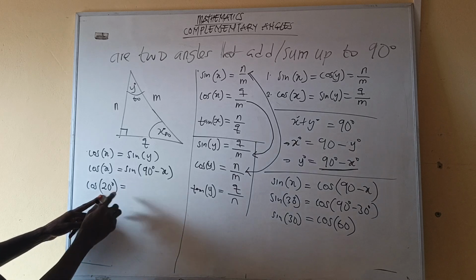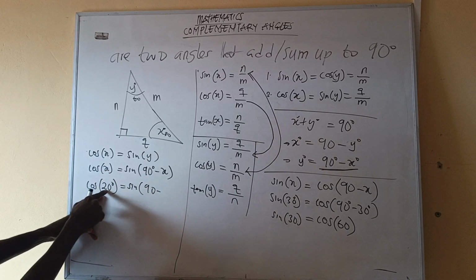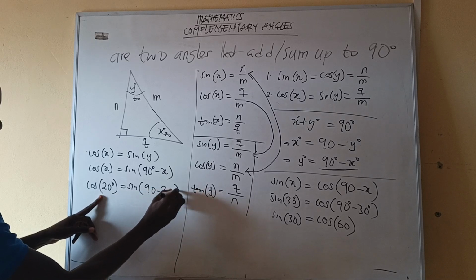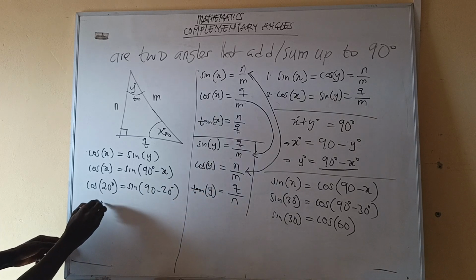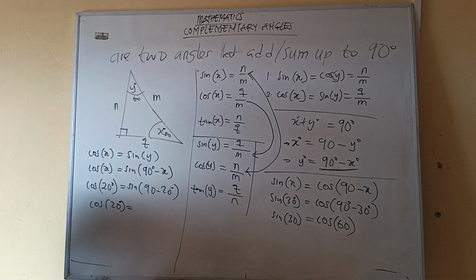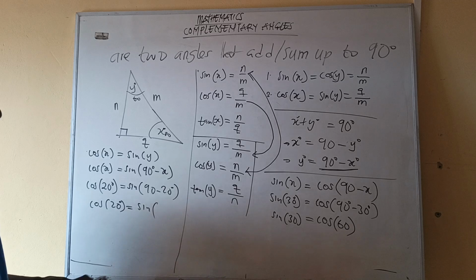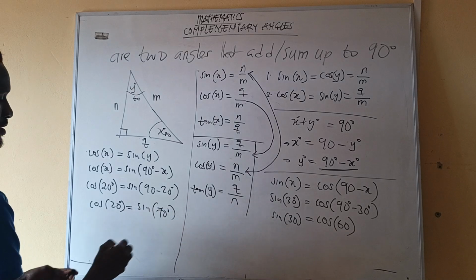Don't forget the x is 20, so I'm going to get 90 minus x, the x is 20. So we have cosine of 20 degrees equal to sine of what? 90 minus 20 is 70 degrees.